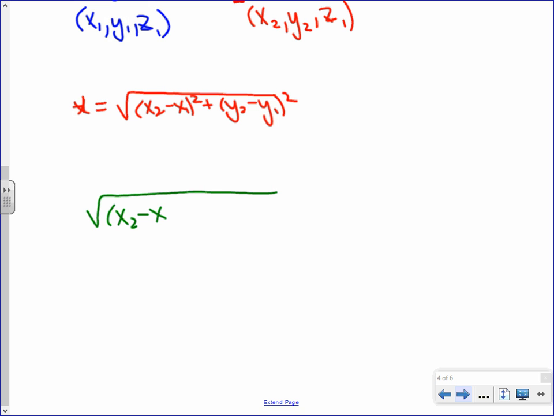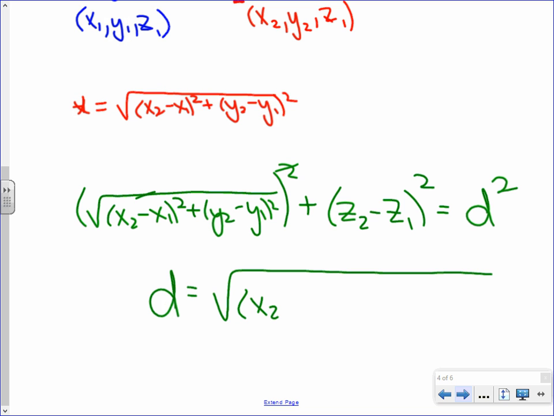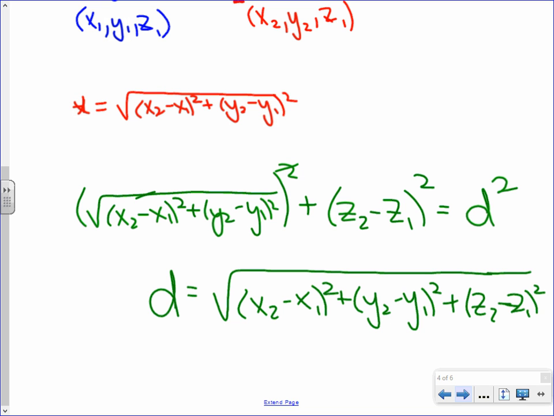So, leg squared plus leg squared equals distance squared, or hypotenuse squared. Right? Those cancel out. If we solve for D, then our distance formula is just this. So it is essentially the three-dimensional Pythagorean theorem. Okay? We're still using Pythagorean theorem to get that distance formula.